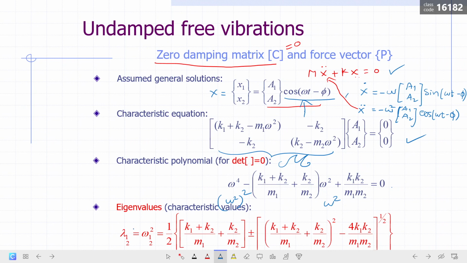But here, lambda is called the eigenvalue. You recall the eigenvalue problem? Let's say I want to find the eigenvalue of matrix M: the matrix times the eigenvector equals the eigenvalue times the eigenvector.